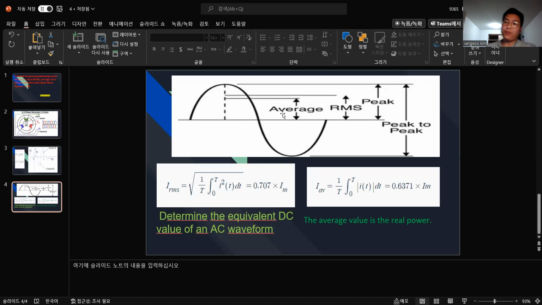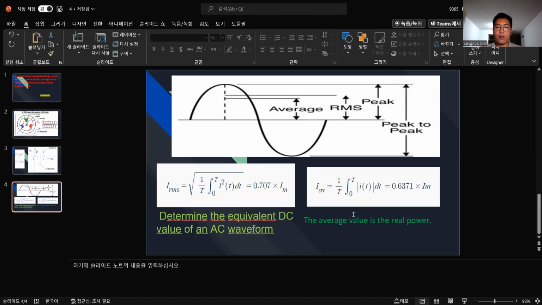So you want to know, what is the difference between average value and RMS? So yeah, let's move on. I will explain. The result, first of all, is that average value is active power.